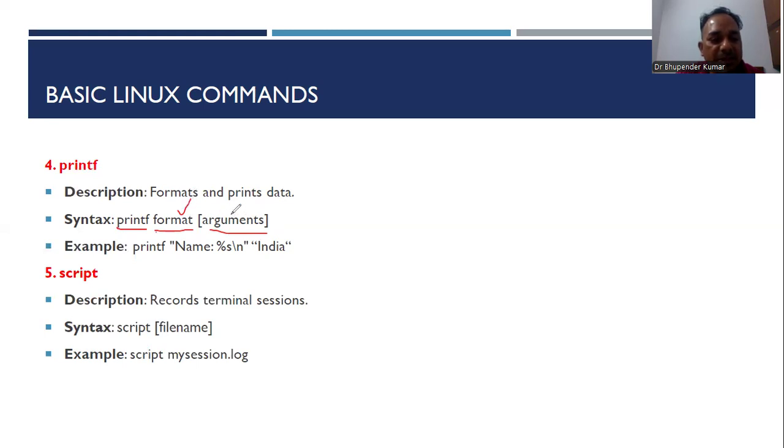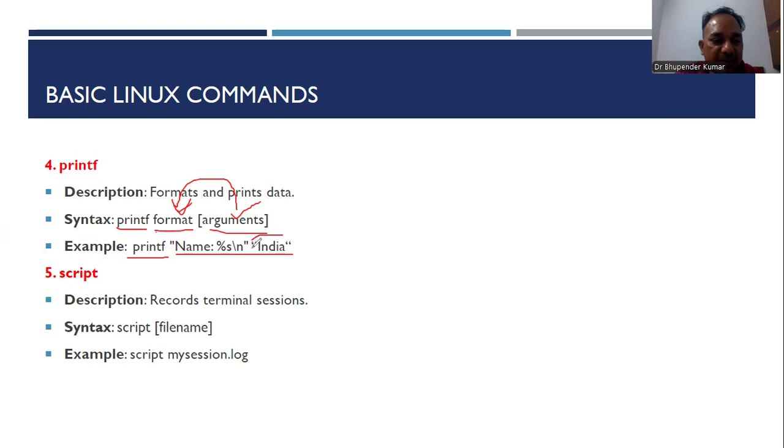If you have supplied some string here, then you have to type the format according to string. If this is an integer, you have to type an integer type format here. So in this example, suppose I have typed printf and I have typed some name, and this is the format specified.